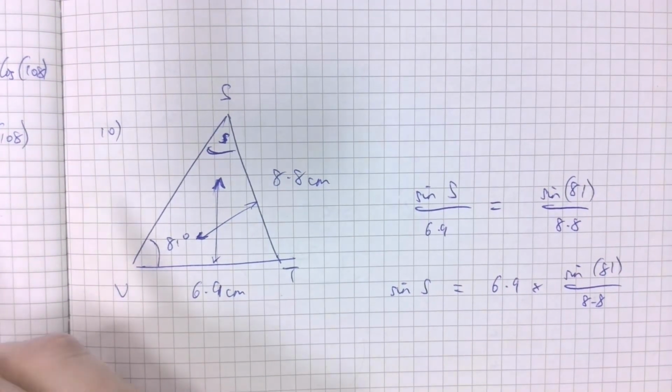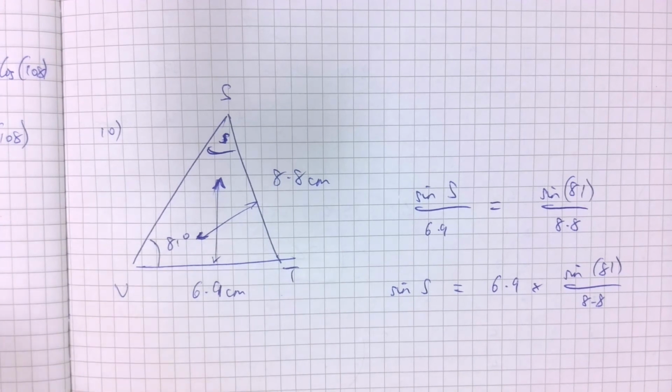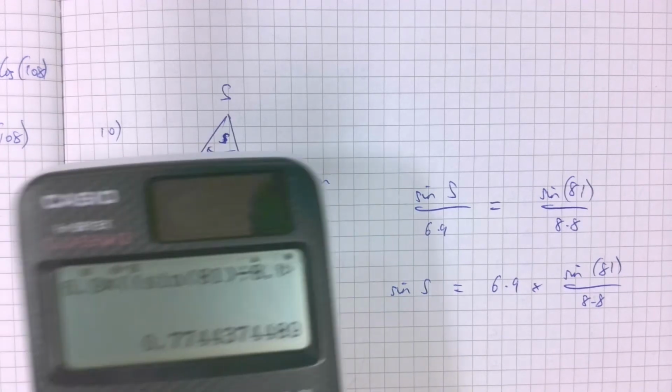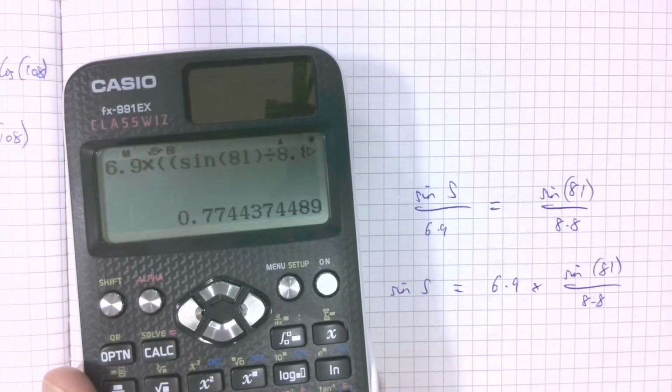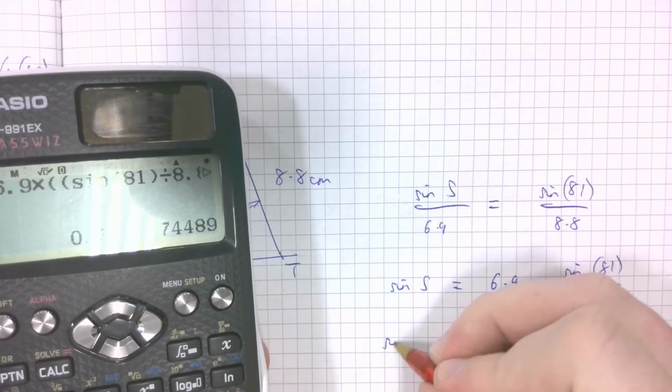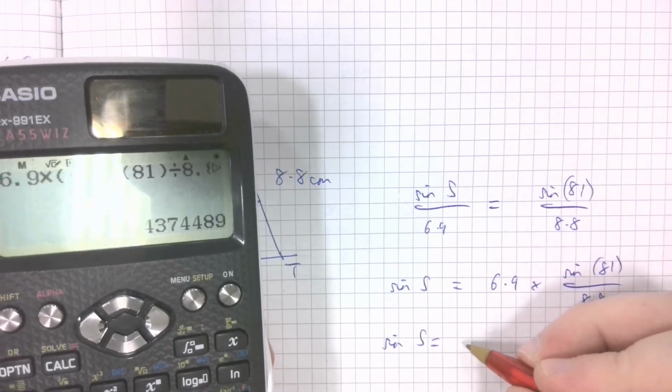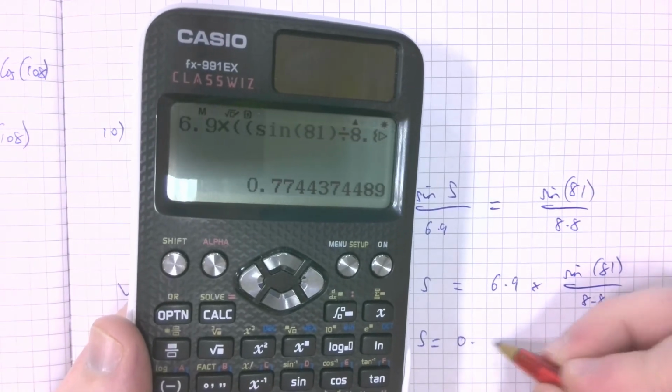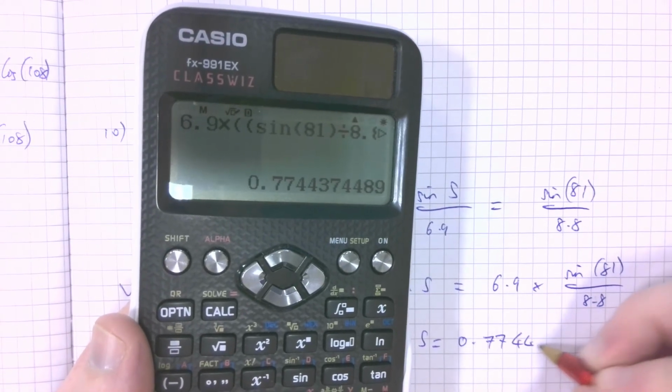Okay, let's crack open our calculator and get that done. 6.9 times the sine of 81 divided by 8.8. Having typed that in, that's what we get, 0.7744. So that's the sine of S.